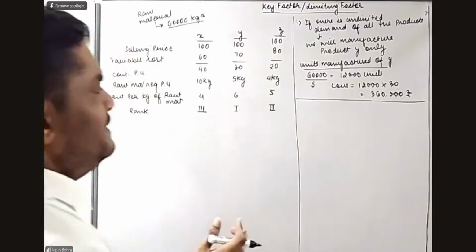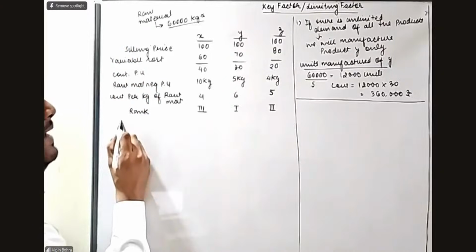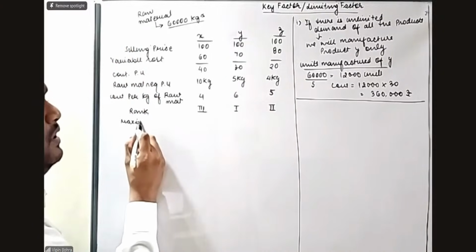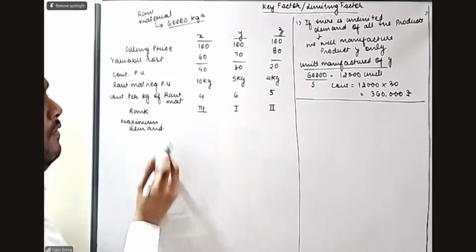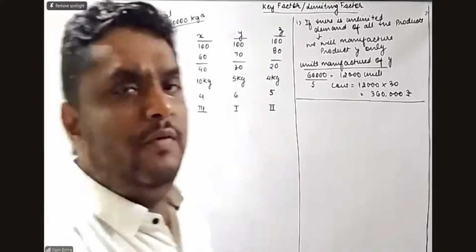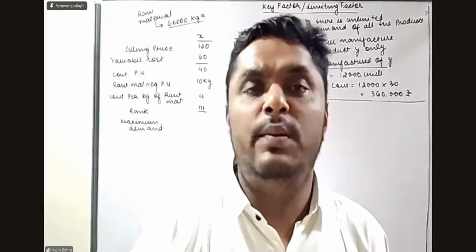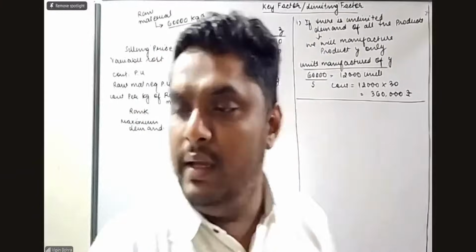Now let's take the second situation wherein maximum demand is also given in the question, that without this much of units we can't sell. I mean, these are the maximum number of units we can sell in the market.